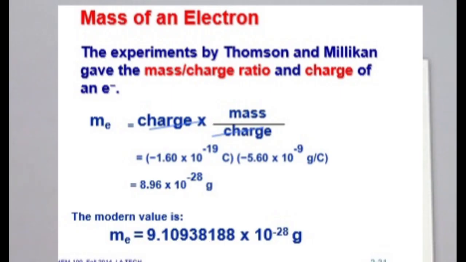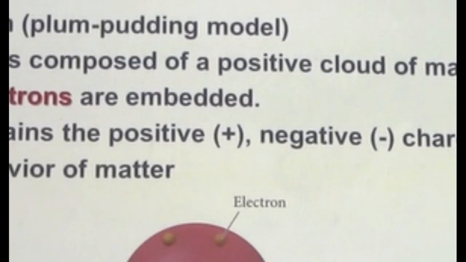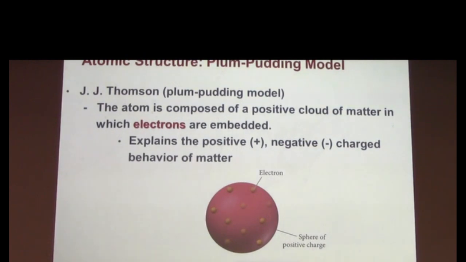Now after we discovered the particles, Thomson came up with a model. He didn't know there was a nucleus. He thought the electron is in a plum pudding. What is a plum pudding? Plum pudding is like raisins in a cake.